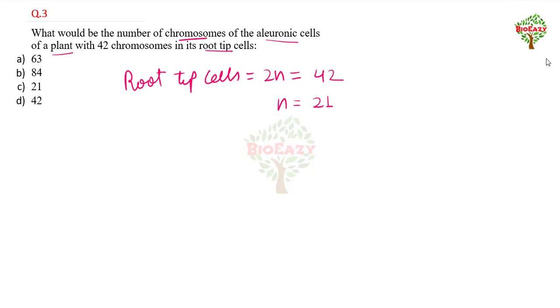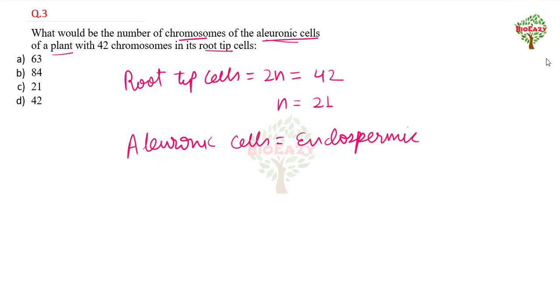Now in the question we have to find out the number of chromosomes in aleurone cells. So aleurone cells are endospermic cells, and these are triploid cells. So here we have 3 into 21. The answer is 63. So A is the right option.